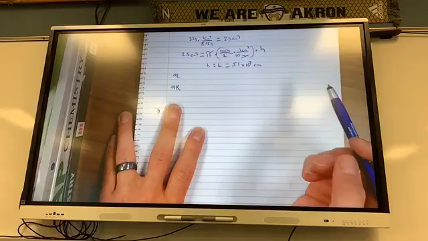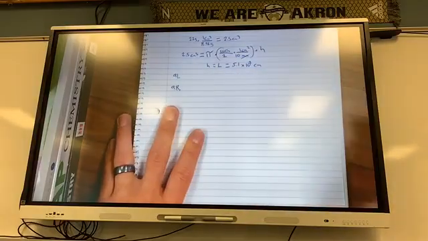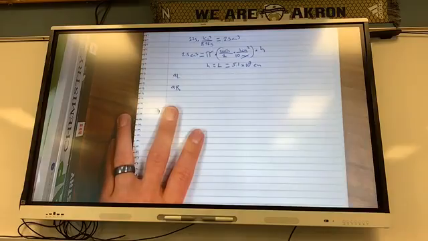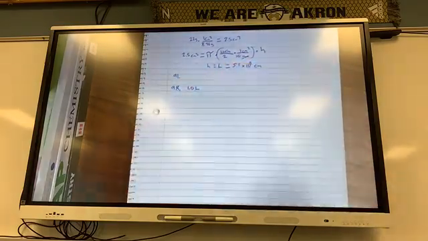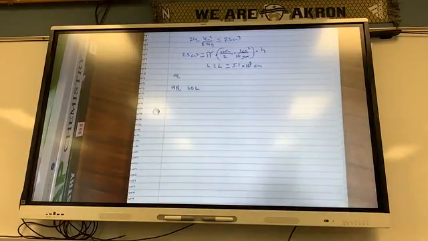So on 98, here's how I would start this one. Assume the volume of the idol is 1 liter. So I've got 1.0 liters. What was the rate they gave me?